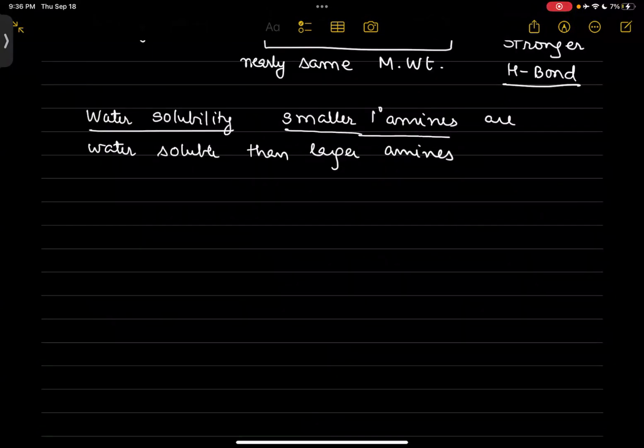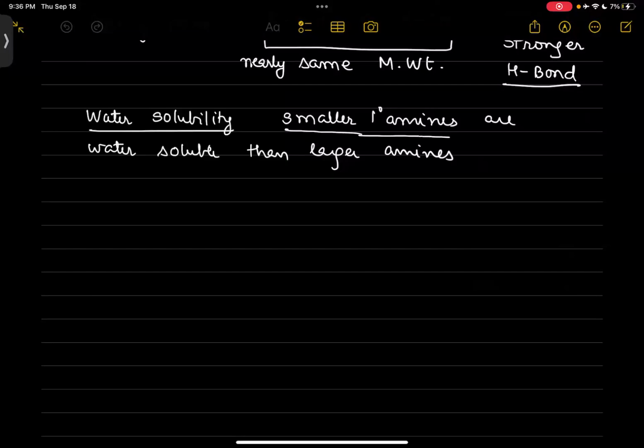Let's move on to the chemical properties. So Aisha and Marwa, can you tell me what are the chemical properties of amines? What type of reactions do they give?